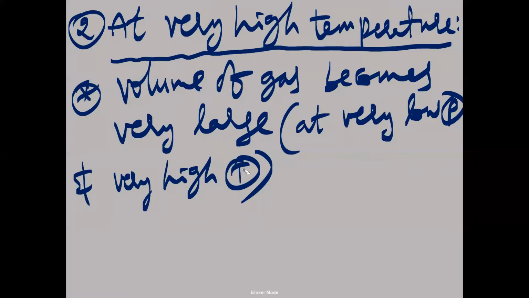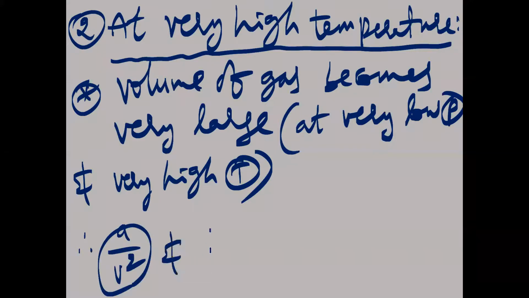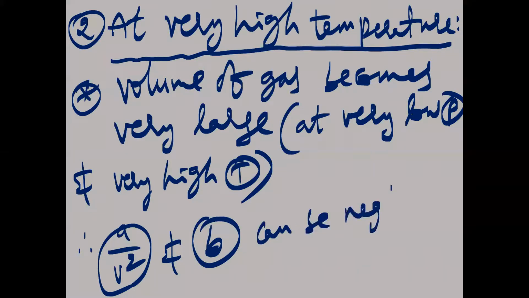At very low pressure and very high temperature, the volume will become very large. Whenever volume becomes very large, what can we neglect? Therefore, a by V square and b can be neglected. Both can be neglected again. Why is a by V square neglected here?